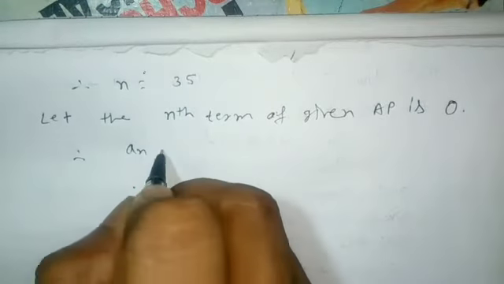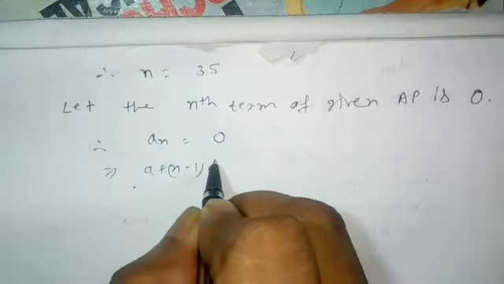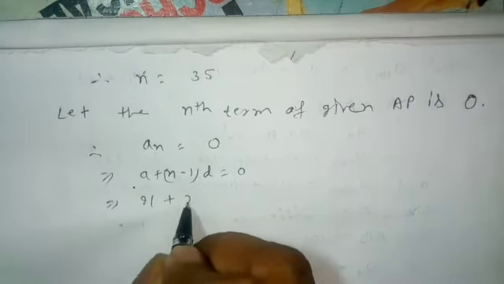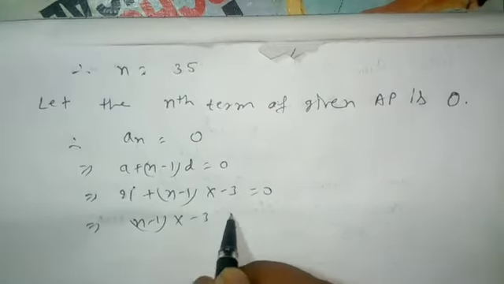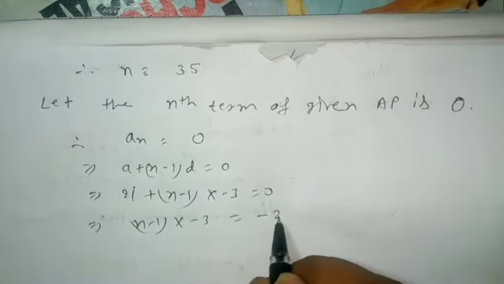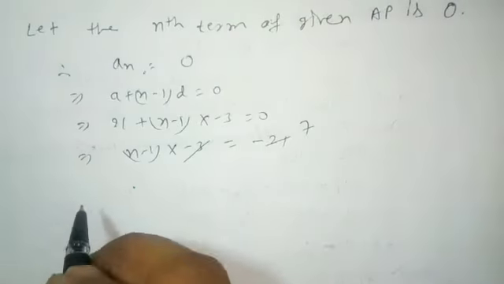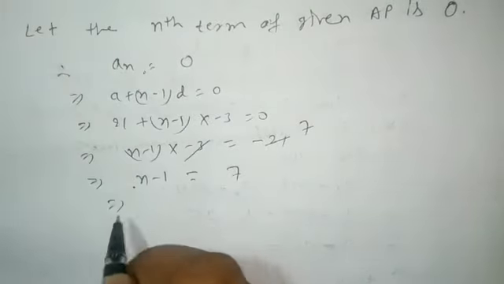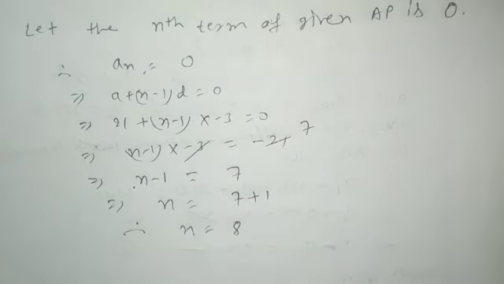Therefore an is equal to 0 implies a plus (n minus 1) into d is equal to 0, implies 21 plus (n minus 1) into minus 3 is equal to 0, implies (n minus 1) into minus 3 is equal to minus 21, 3 7s are 21, implies n minus 1 is equal to 7, implies n is equal to 7 plus 1, therefore n is equal to 8.